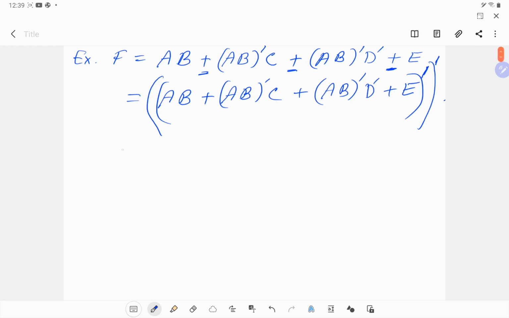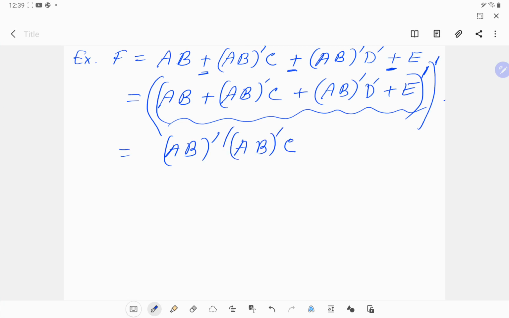So now, applying the De Morgan theorem on the inner prime of the equation, it will give us (AB prime) prime times (AB prime C) prime times (AB prime D prime) prime times E prime, and then we still have another prime here.